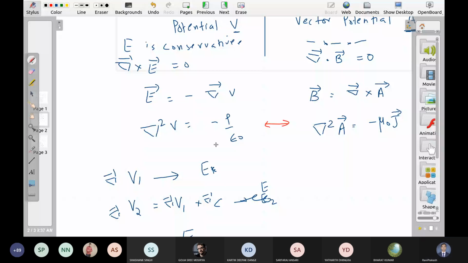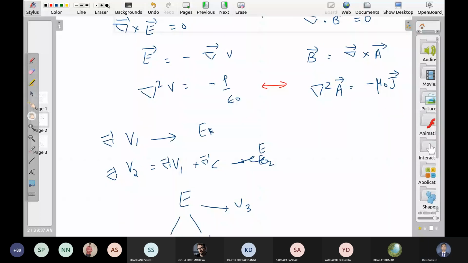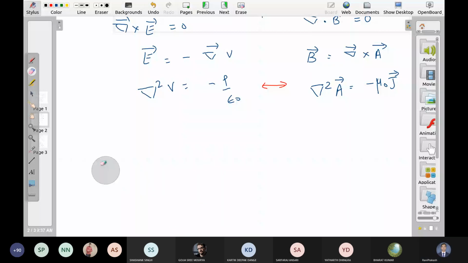This also looks like a Poisson equation, but there is only one difference. What is that? On the left hand side, how many equations are there? Only one. V is a scalar quantity, take its del square, there will be something equal to some scalar quantity.